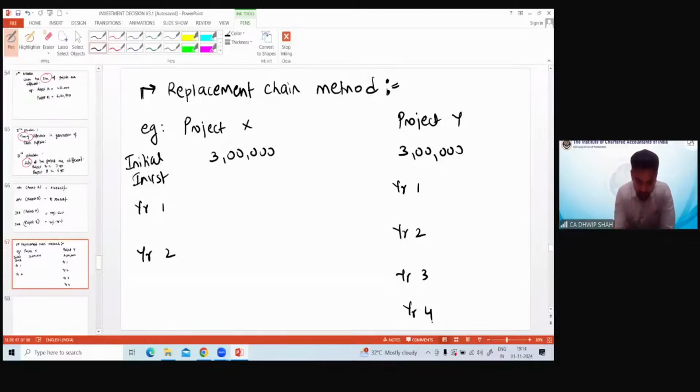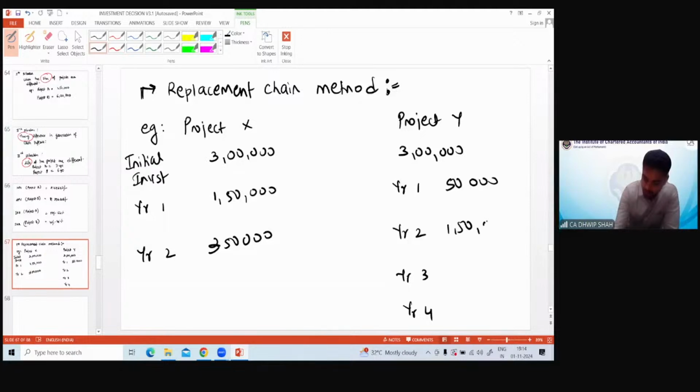Let's say my cash inflow for project X in year 1 is 150 and in year 2 is 350.